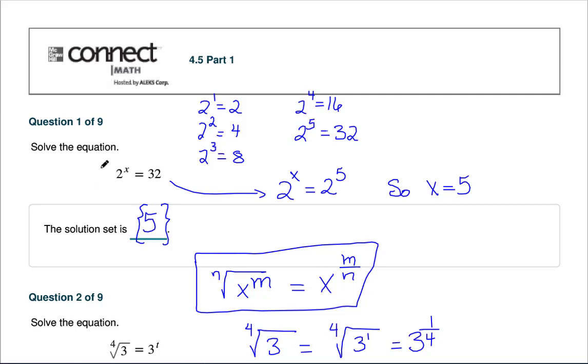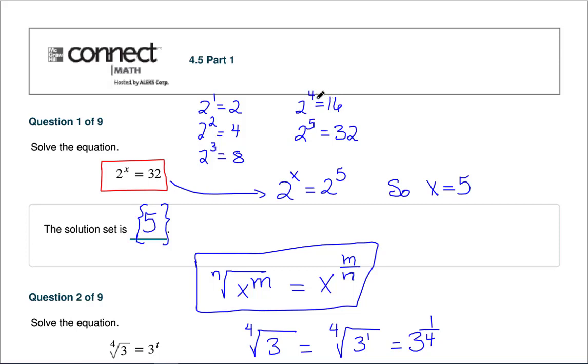So, here at our first equation, we have 2 raised to some power is 32. I don't know, let's see. 2 to the 1, that's 2. 2 squared, 2 times 2 is 4. 4 times 2 is 8. That's 3 2's. 8 times 2 is 16.